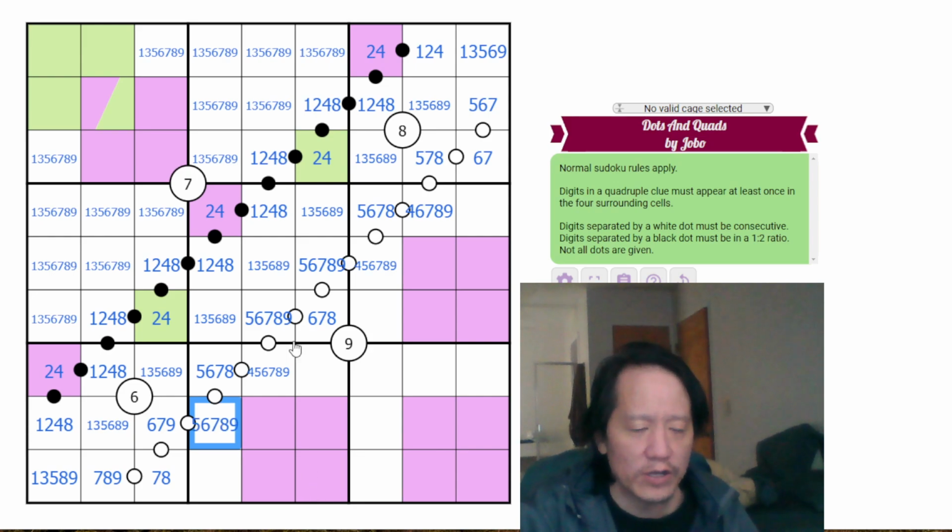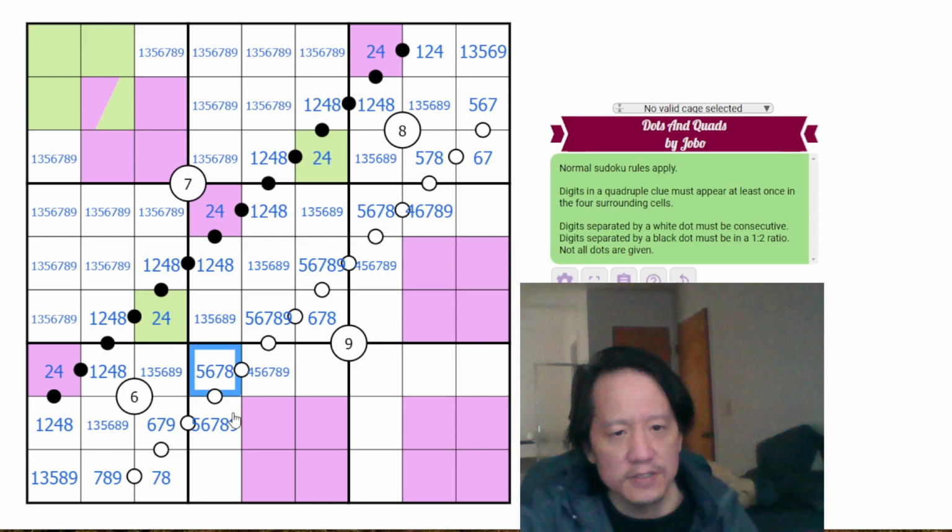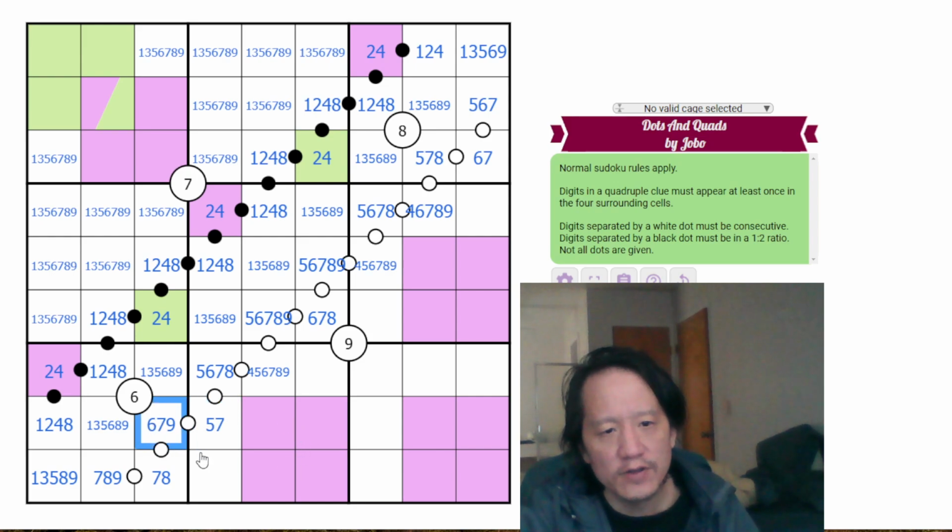So this cannot be 4 anymore here, which means this still could be 5. So, okay, what are the possibilities here? 6 could go to 5 or 7, 7 could go to 6 or 8, 9 can go to 8.